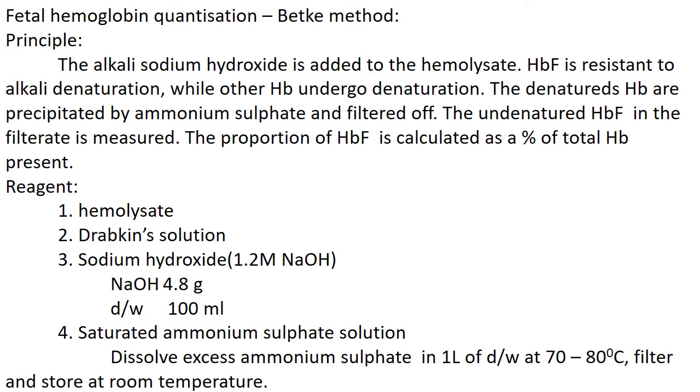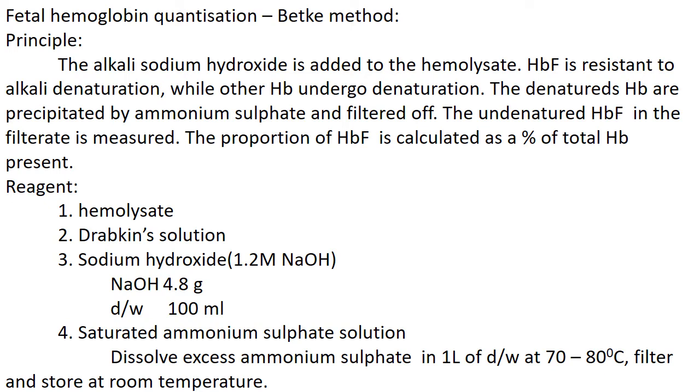Principle of the test. To measure the percentage of fetal hemoglobin in a mixture of hemoglobins, the alkali sodium hydroxide is added to the hemolysate. Fetal hemoglobin resists denaturation by the alkali, while all other hemoglobins undergo denaturation.